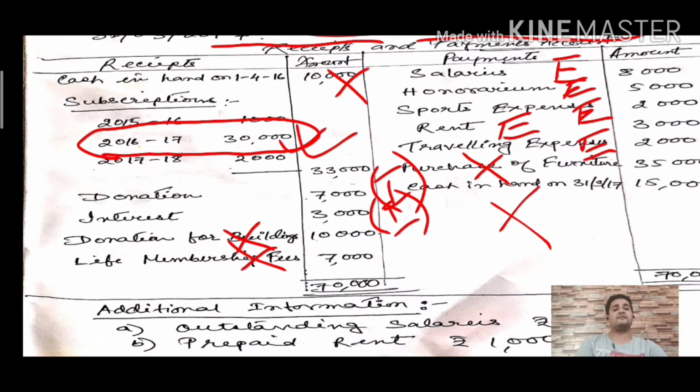The rent for 2017 was already paid. That is why it is called prepaid, meaning rent paid in advance. Always remember that prepaid is always deducted from that particular item. If the word outstanding is given, outstanding will be added to the particular item, and if prepaid is given, prepaid is always deducted from that item. I hope you understood that.